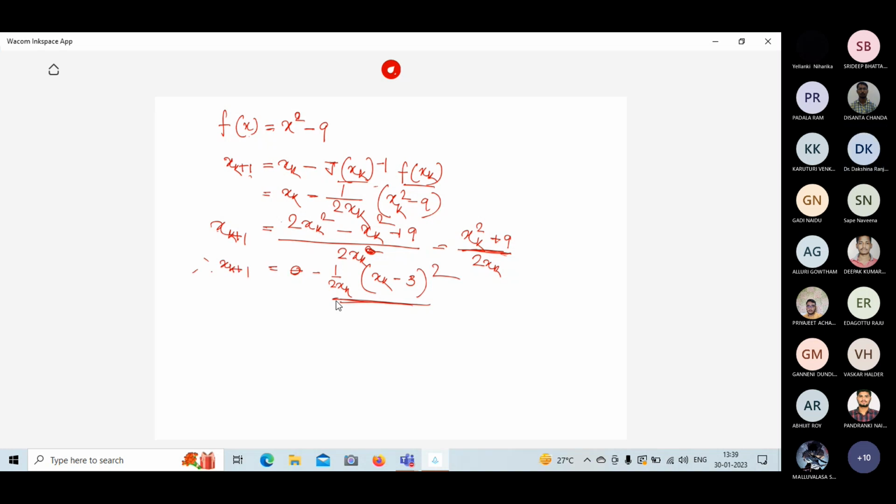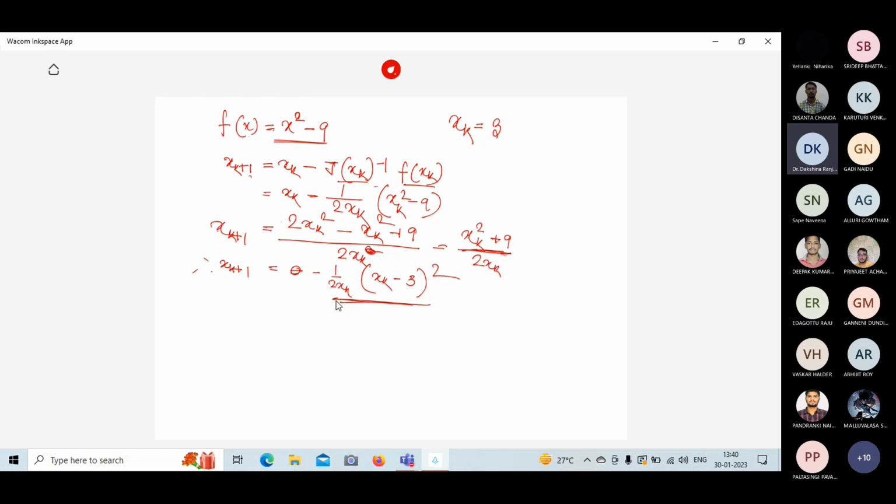Now from here we can easily say that the root of this equation will be 3. That means at xk equals 3, the function is optimized.